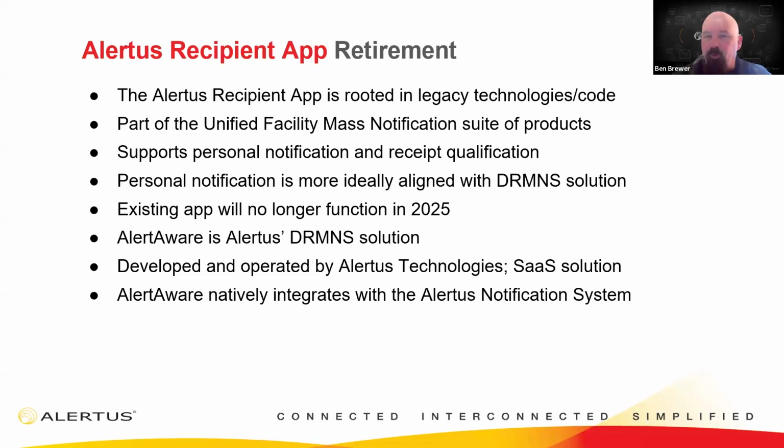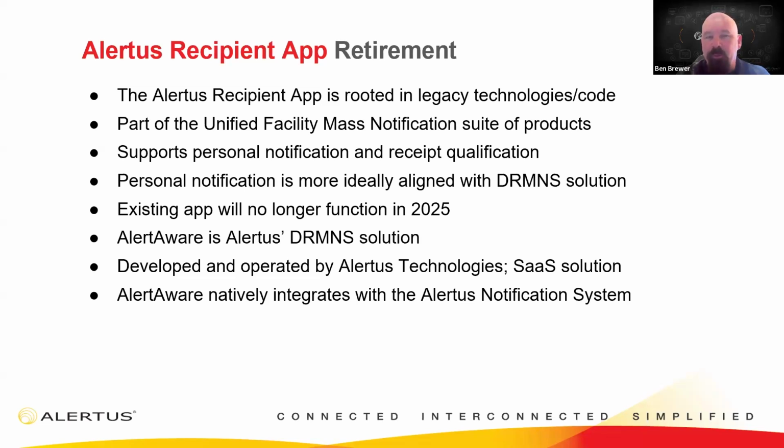So the cutover, or the end of life, if you will, retirement of the Recipient app had to be announced a little bit earlier, I think, than what some of us were anticipating. Much more compressed time cycle for a potential cutover to the new technology.